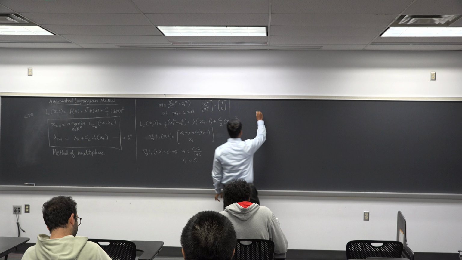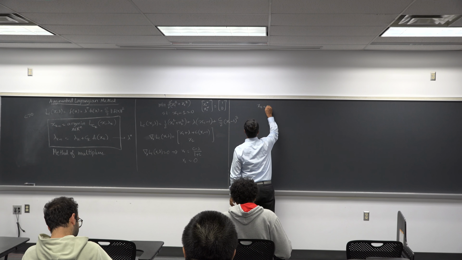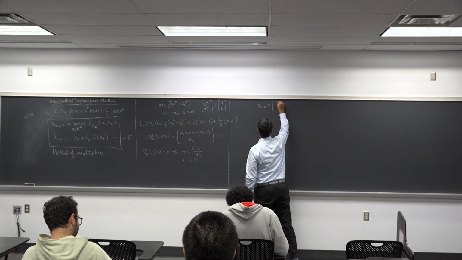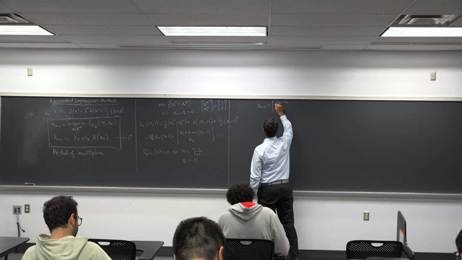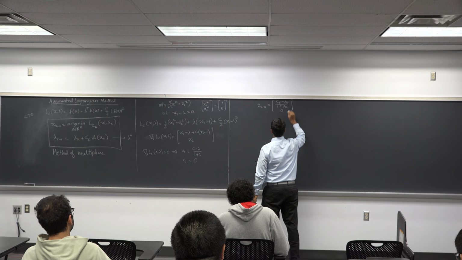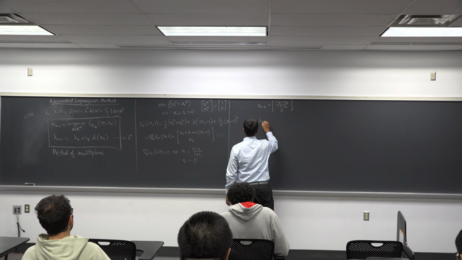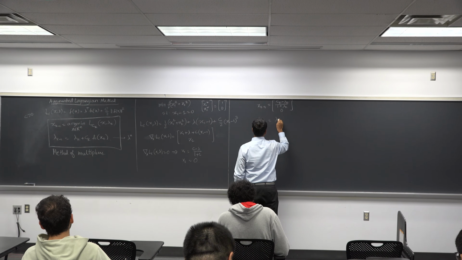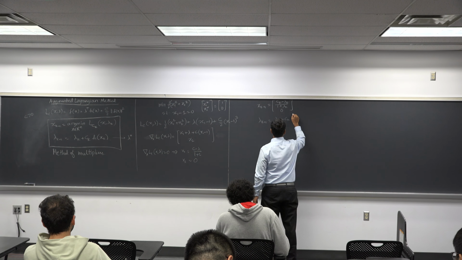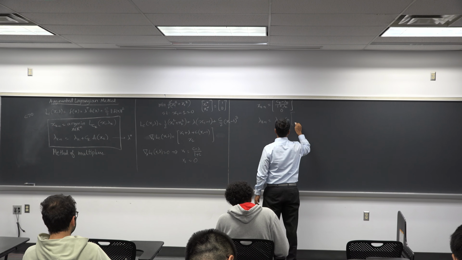So what's my x_{k+1}? x_{k+1} equals (c_k minus lambda_k) over (1 plus c_k), and 0. What's my lambda_{k+1}? Lambda_k plus c_k times h of x_k.